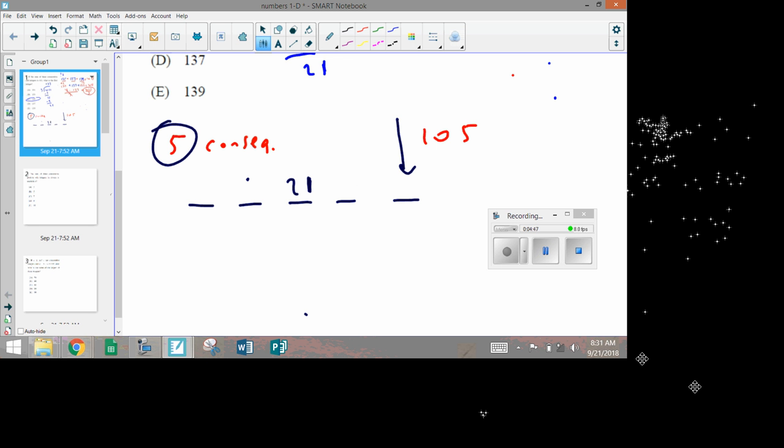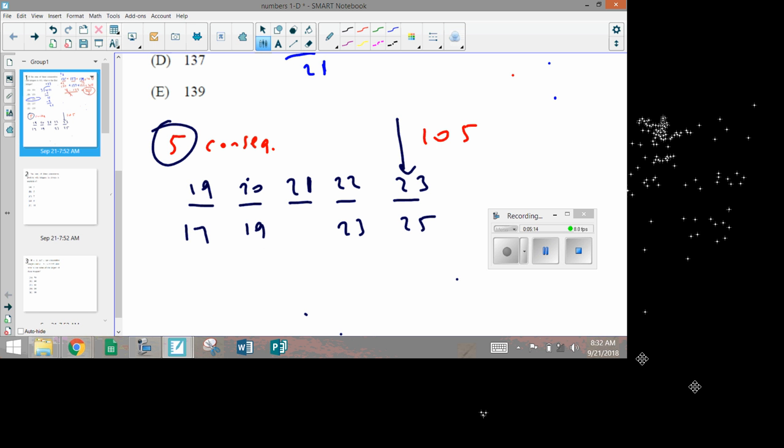In that case, I didn't say anything like even or odd. That makes 22, 23. If I said consecutive odd integers, you would put 23, 25. It depends on the question.